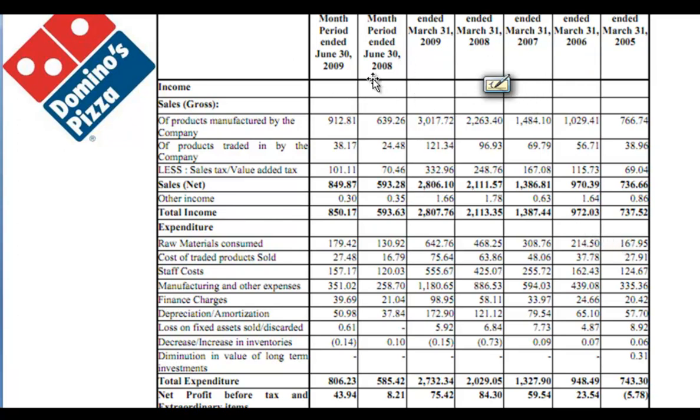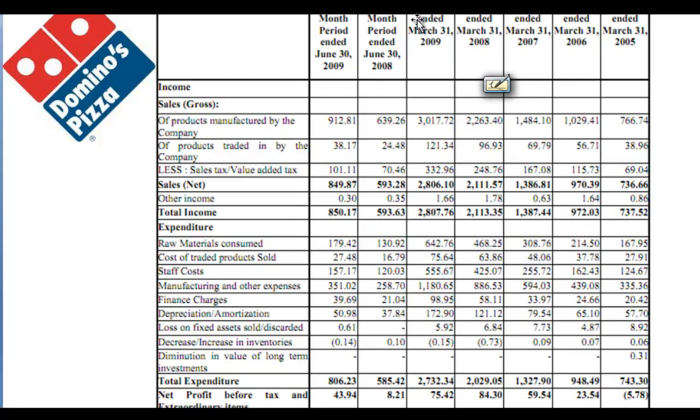Now, do all companies present their income statements like this, in this much detail? Not really. This is a special case, and I picked it because this was the income statement that Domino's presented when they were filing for their IPO some time back, their initial public offering. Domino's is a franchisee in India.